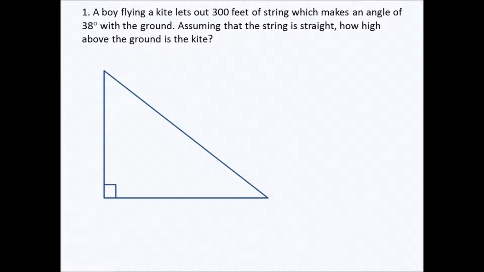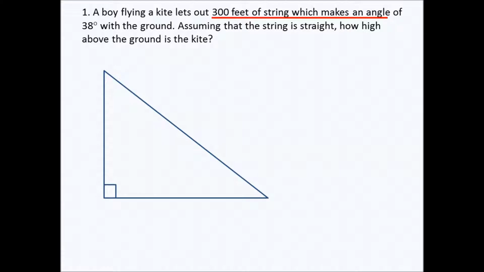A boy flying a kite lets out 300 feet of string, which makes an angle of 38 degrees with the ground. Assuming that the string is straight, how high above the ground is the kite? The first step is to draw a right triangle. We're told that 300 feet of string makes an angle.